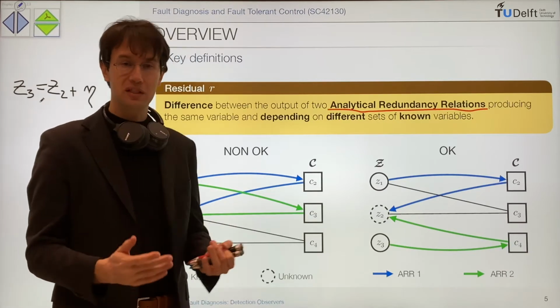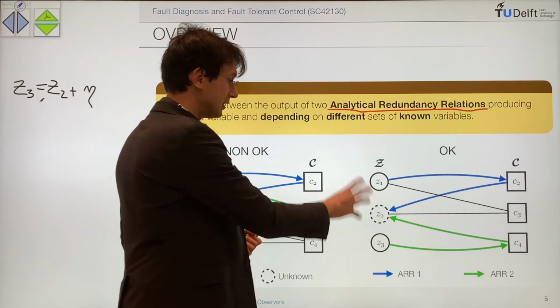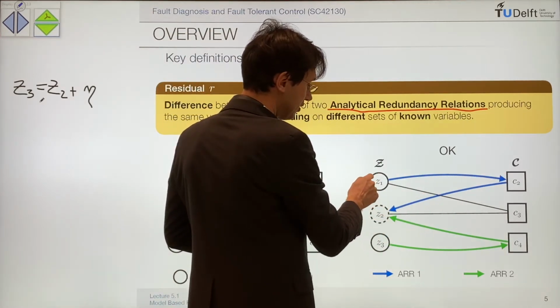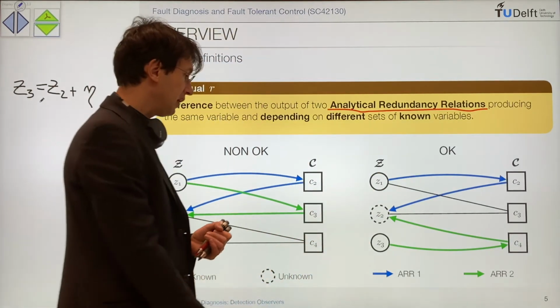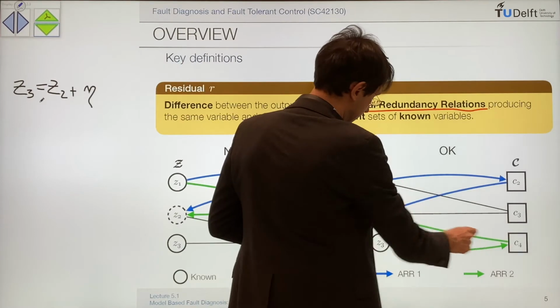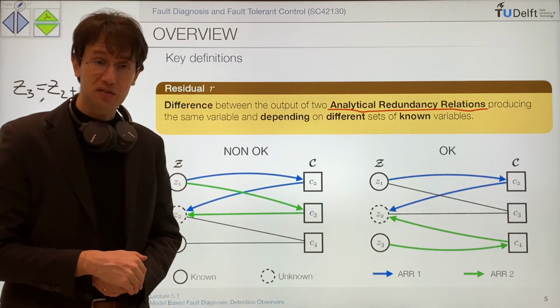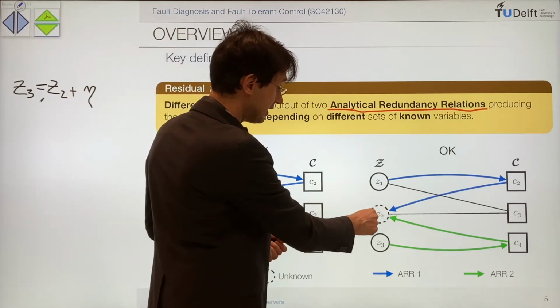So I cannot compute them on variables that I don't know. In this example, if I consider this blue path, I can compute it using Z1, the input to the system that we assume that we know. This other path, the green one, I can compute using Z3, that is a measurement of the output of the system. And both are ending here in Z2.